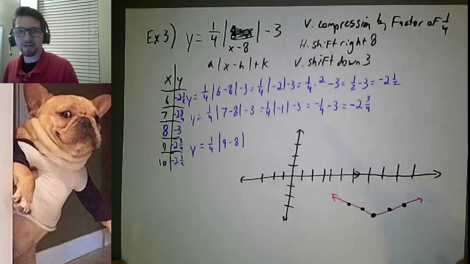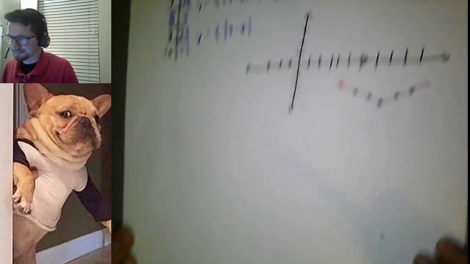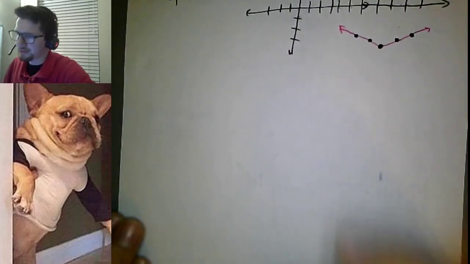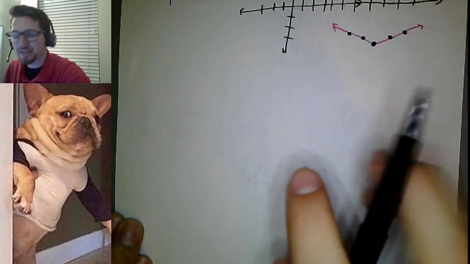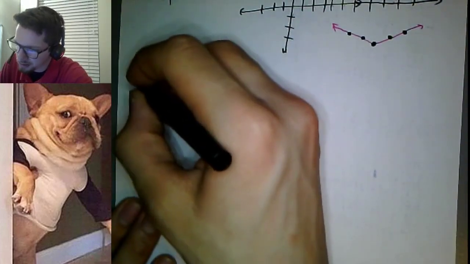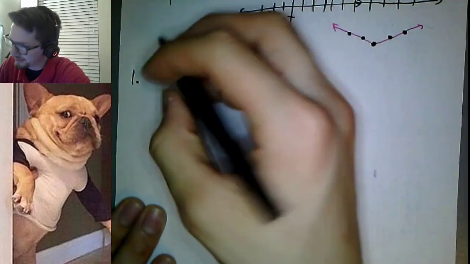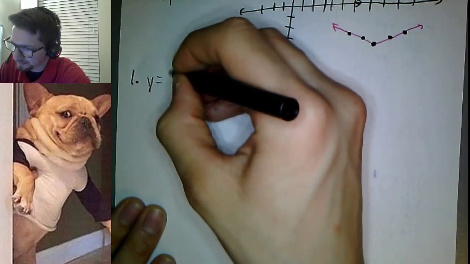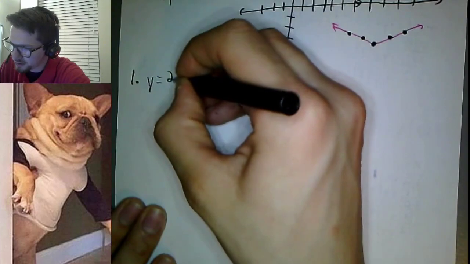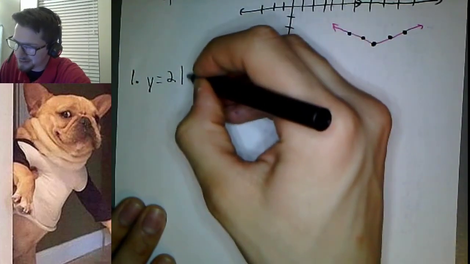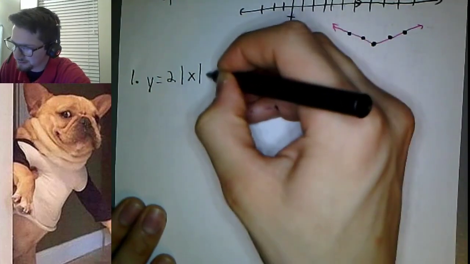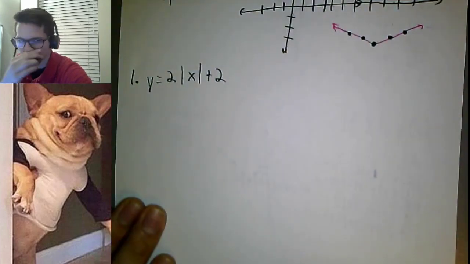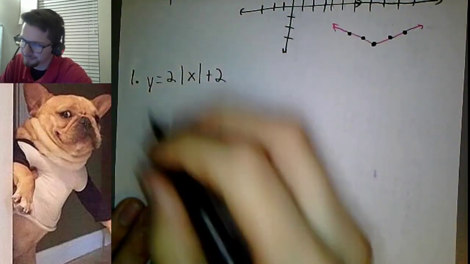Let's talk about homework. I would like you guys to do the t-tables and the graphs for these problems. Problem number 1, I'm going to come up with these on the spot. Y equals 2 times the absolute value of x plus 2. Don't forget to tell me what your transformations are.